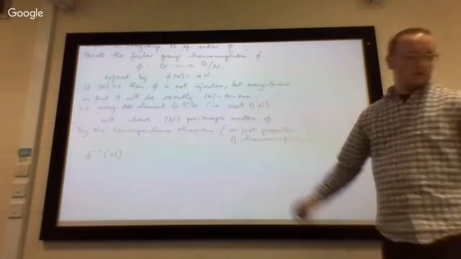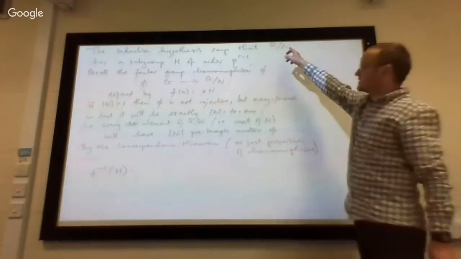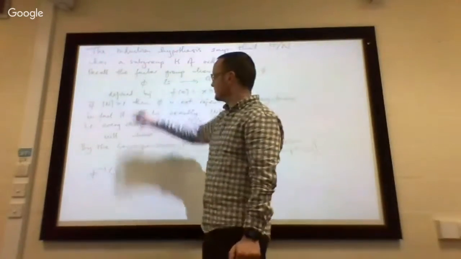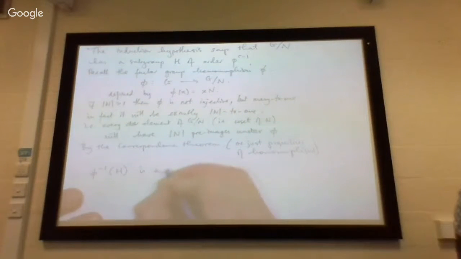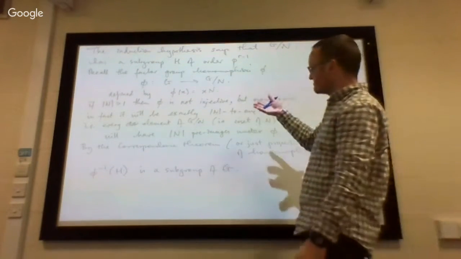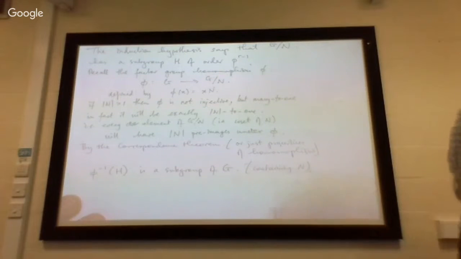Remember, what is H? H is a subgroup of the factor group. So its inverse image under the factor group homomorphism is a subgroup of G, a subgroup of G containing N. I don't think we actually need the fact that it contains N. I'll just put containing N in brackets there, but I don't think we're actually going to make use of that.